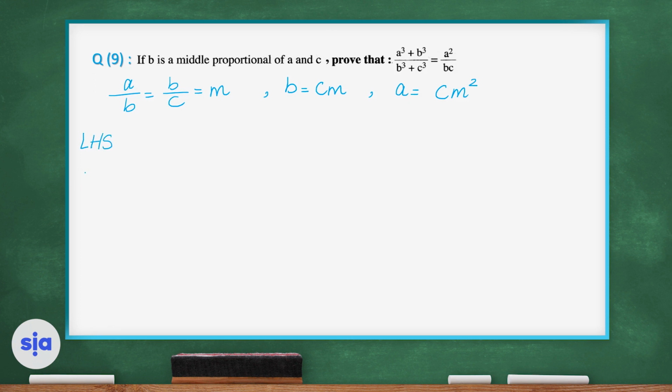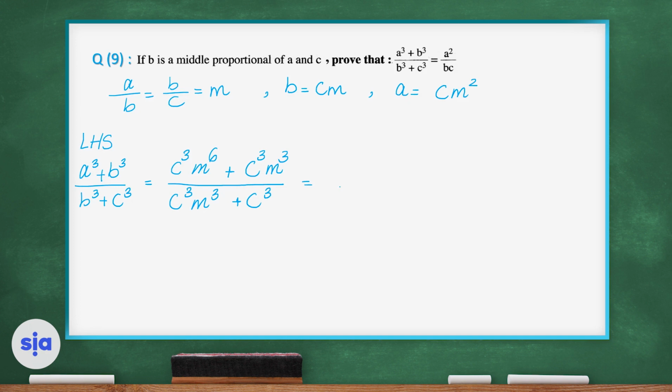In the left-hand side, it says A cubed plus B cubed over B cubed plus C cubed. Replace every and each A by Cm squared. So this is cubed, so it would be C cubed m to the power of 6 plus B cubed, that would be C cubed m cubed, over C cubed m cubed plus C cubed.